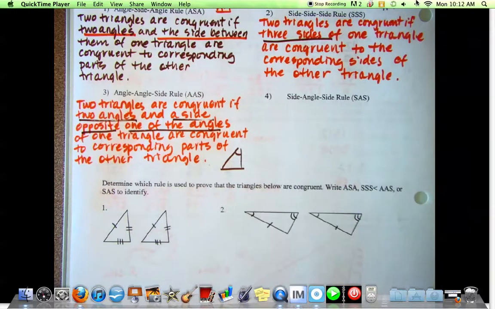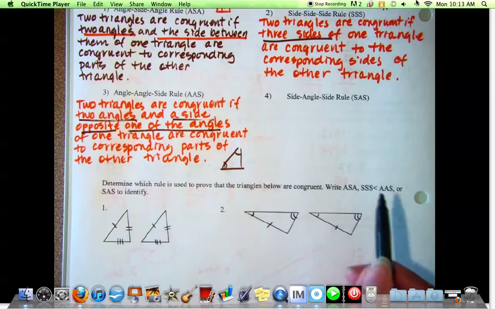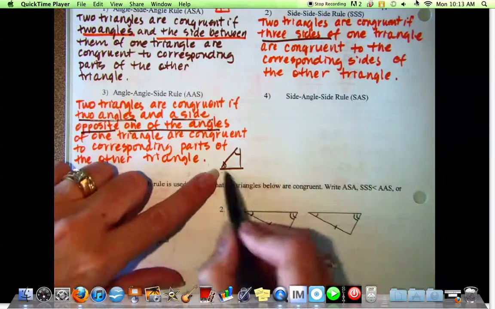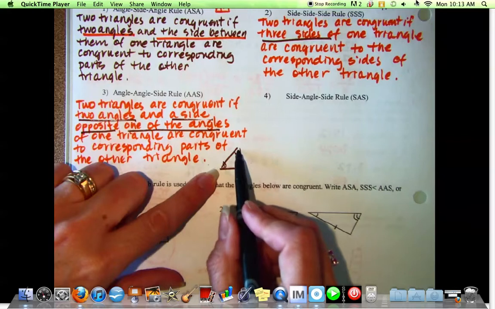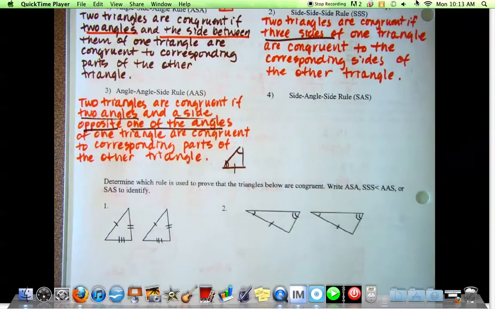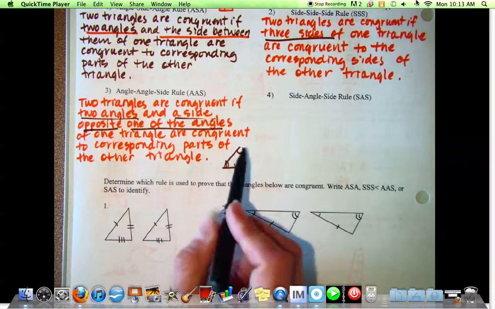So let's say this angle, and then a side opposite one of those. So this side on the bottom, on the base here, is opposite the angle up here. So that might be what it looks like for one of the triangles. You have two angles. Notice the side doesn't fall in between the two angles. It falls opposite one of them.